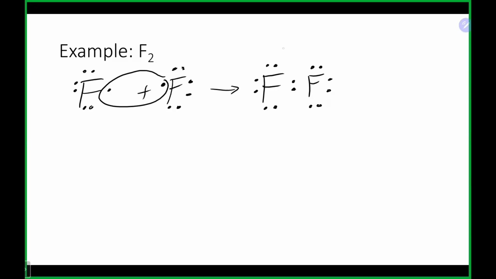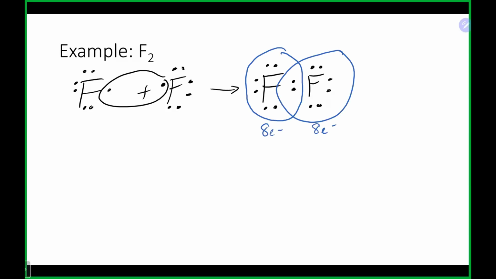And once again, those electrons in the middle will count for both fluorines in this case. So put a little circle around here. That's going to give this fluorine on the left 8 electrons. This fluorine on the right, also sharing those guys in the middle, will also have 8 electrons. Again, through sharing of electrons here, we're achieving noble gas configuration for everybody within that covalent bond, and again, going to create a very stable bond.